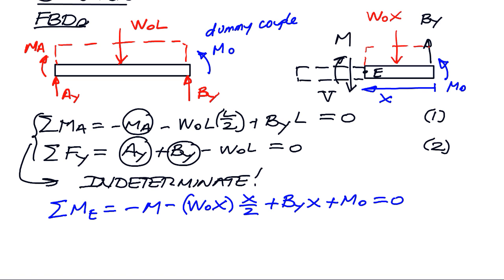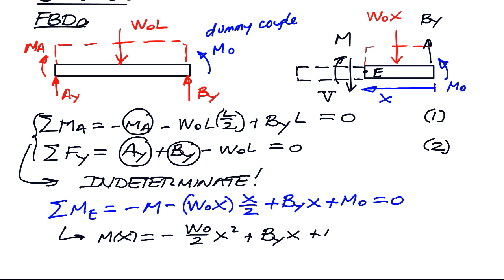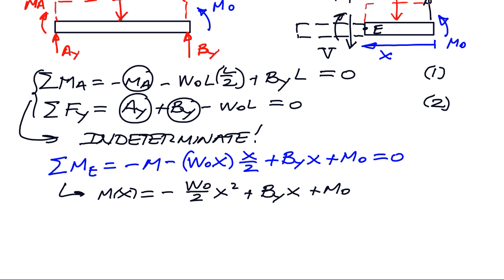So from this I have what I need, and that's the internal bending moment of the beam, so that's going to be minus W0 over 2 X squared plus BYX plus M0. So this is what we're going to use in our energy expression.